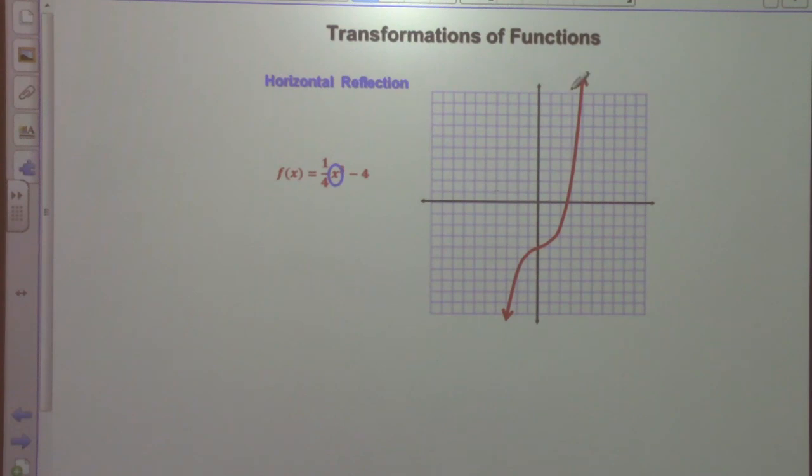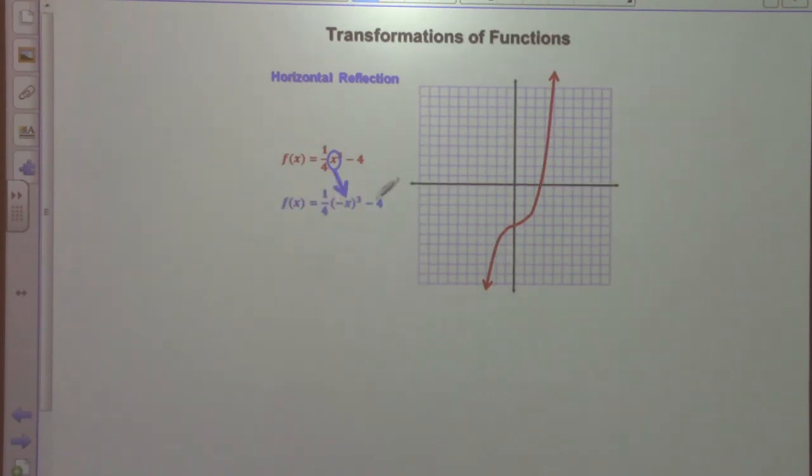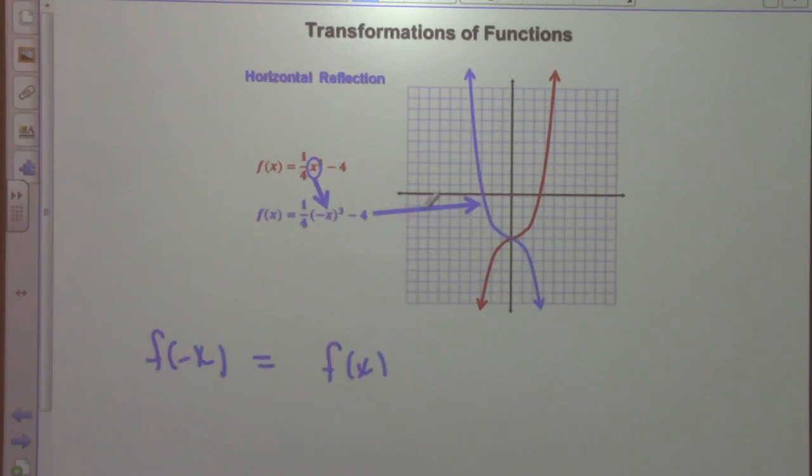What kind of operation would that be? What would you have to do to that function? Well, I will show you. What happens is if we change this x to a negative x inside parentheses like this, that's going to take the graph and reflect that graph about the y-axis.